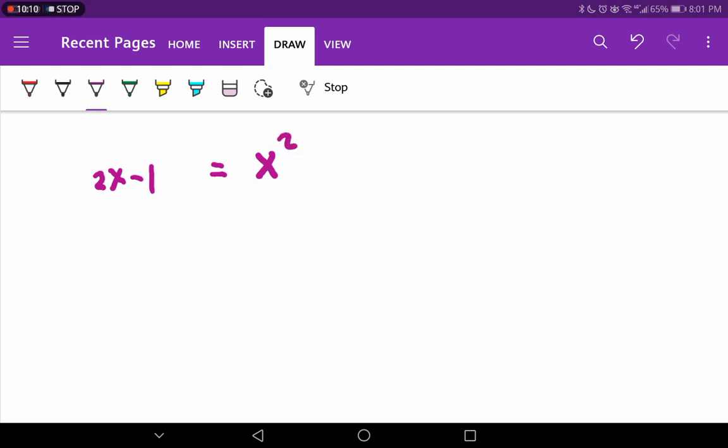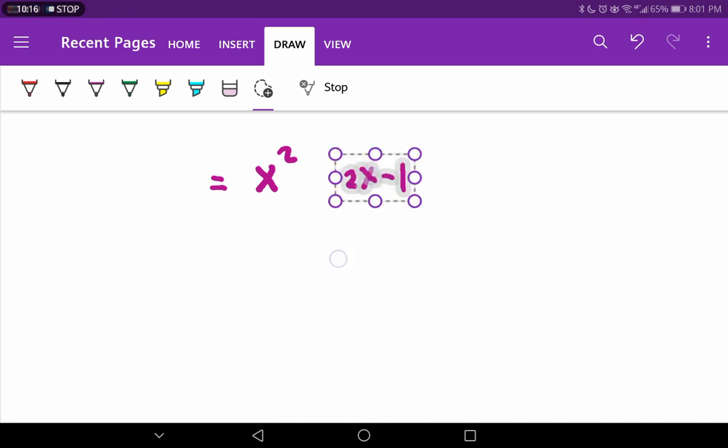Now I have to collect all the terms in this situation here and switch their signs. The 2x was positive, it will be negative, and this was negative, it will be positive, equals 0. As you see here, we have a quadratic equation.